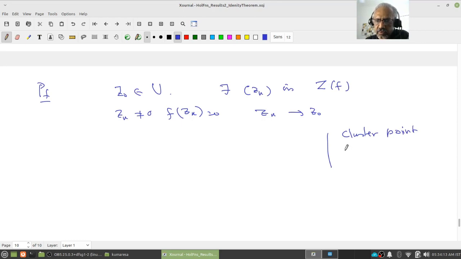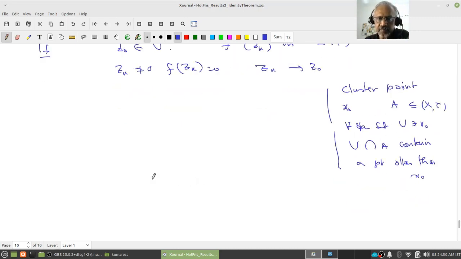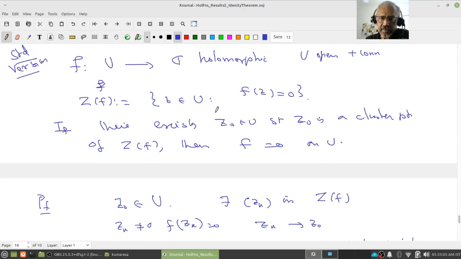Okay, x_0 is a cluster point of a set A in a topological space (X, tau) if for every open set U containing x_0, U intersection A contains a point other than x_0. In the case of a metric space, for every open ball B(x_0, r), the intersection with A contains a point other than x_0. x_0 may or may not be in A. Okay, but then by the identity theorem, as I said, f is identically 0. So we proved the result.